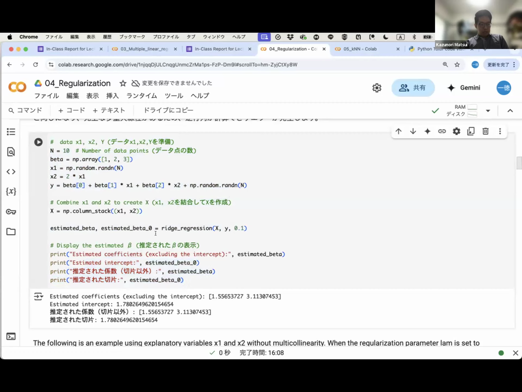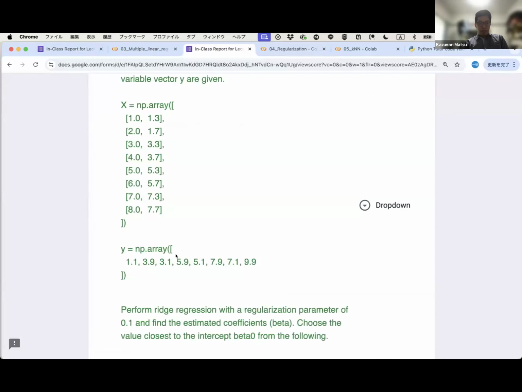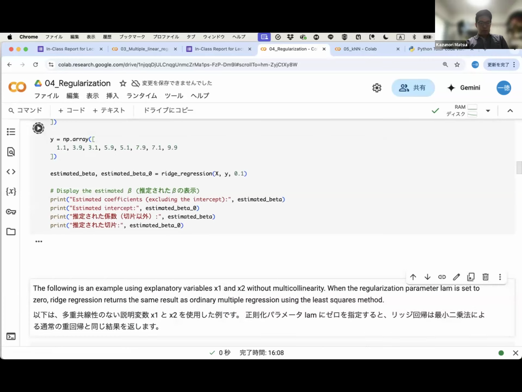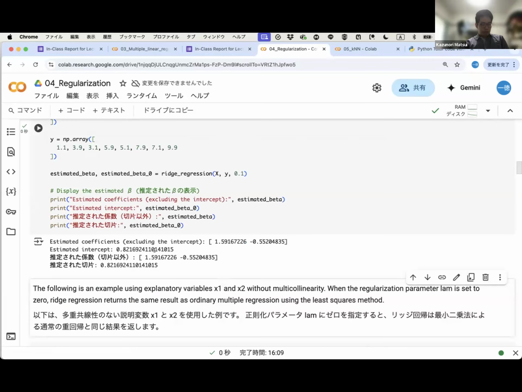We just need to use the necessary parts. So in this case, we have this data. So copy and paste. Okay, we obtain that.